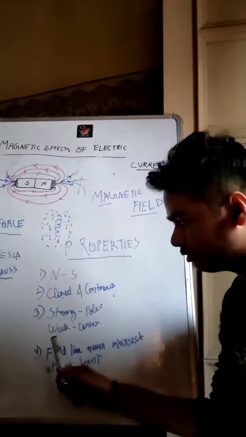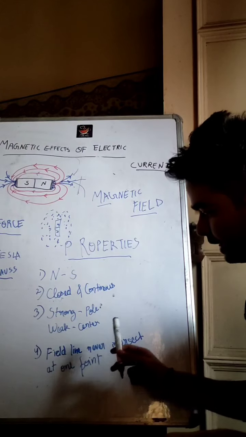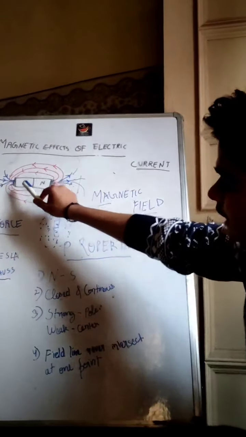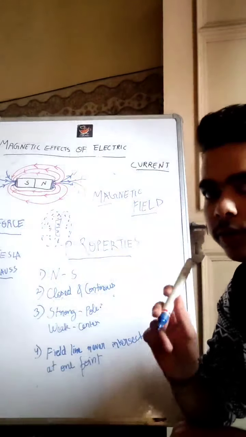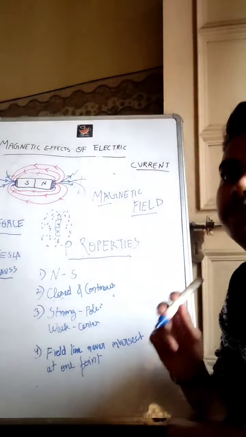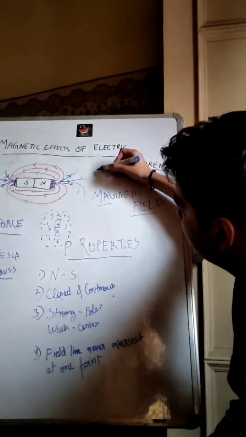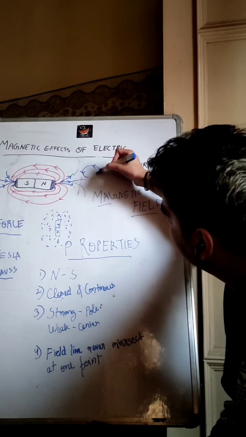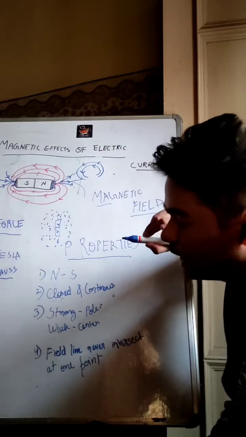Okay, so we were at the fourth point, which says field lines never intersect at one point. As you can see in this diagram, there are several field lines, but none of them intersect at a certain point. What I mean is this. This is a field line, north to south. This is another field line, north to south.